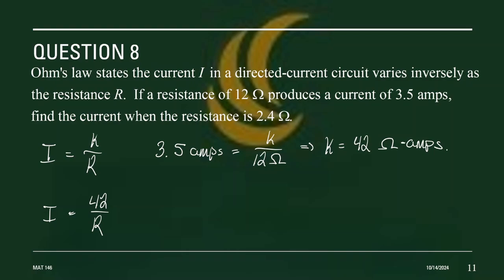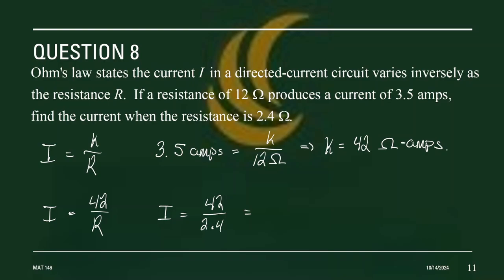So it's I equals 42 over R. 42 over 2.4. So what is 2.4? 2 and 2/5.